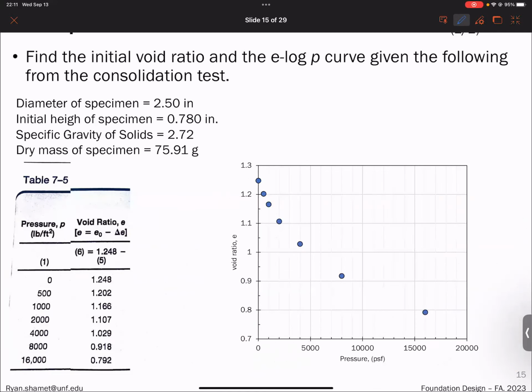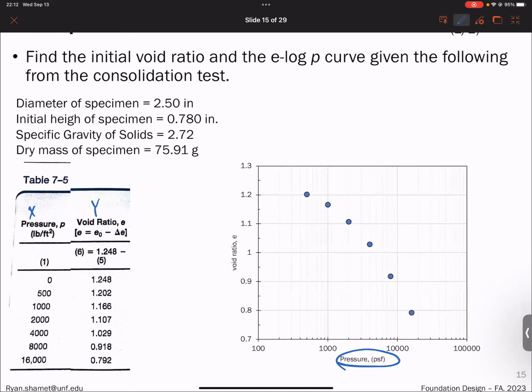If we plot that, it looks kind of funky at first, this being x and this being our y. But what you may note is down here, we need to ensure that this is in a log scale. And when we put this in the log scale, we see a clear trend of our consolidation.